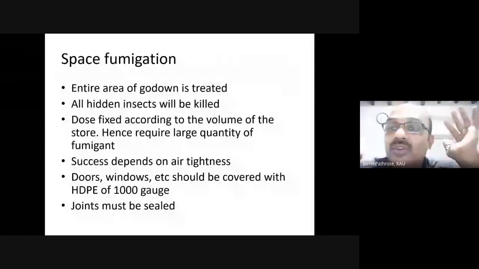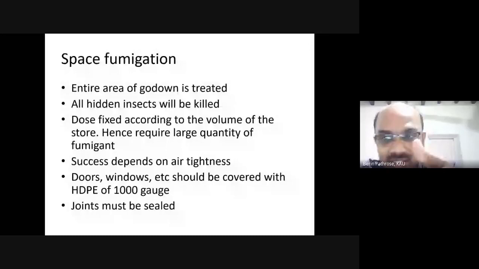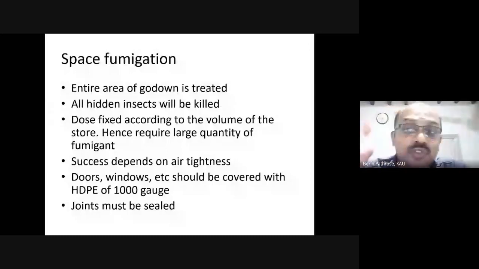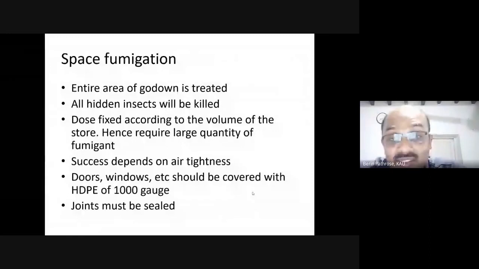Then I fumigate. That means the entire room is fumigated, not the grain alone. So that is space fumigation. The entire area of the godown is treated. All hidden insects will be killed. That is one advantage.